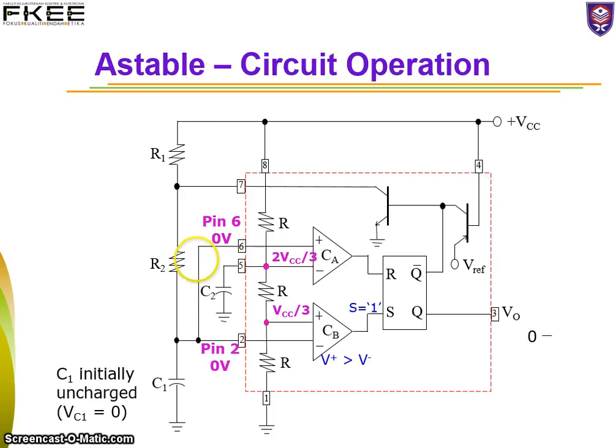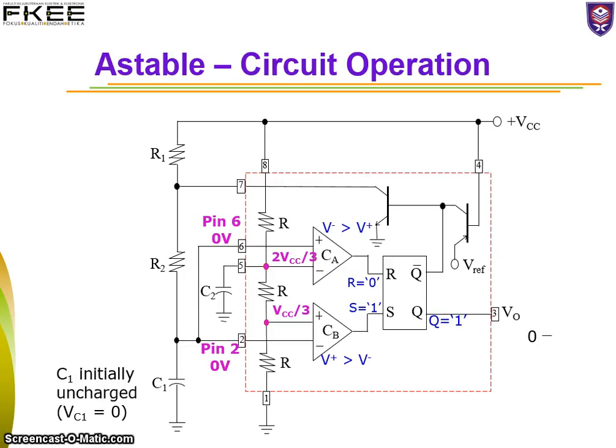It is being compared with the input at pin 6, which is 0 volt. So V minus will be greater than V plus, and comparator A will produce a 0 output to the reset pin. Since the RS flip-flop S receives 1 and reset receives 0, your output Q will be 1.